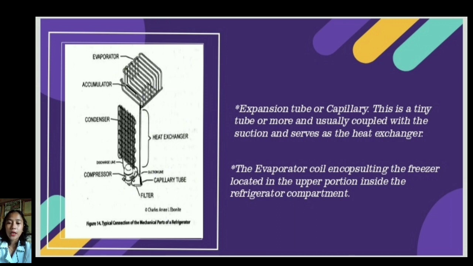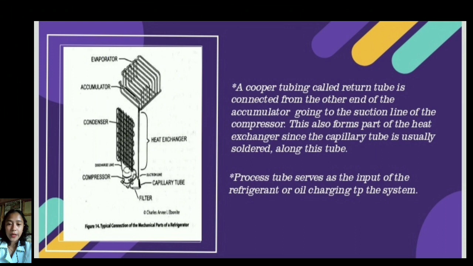Then the evaporator coil is located inside the refrigerator, and the heat from the air inside is absorbed into the refrigerant. This cools the air inside the fridge. So, the heat inside is absorbed by the evaporator and goes back to the compressor and then to the condenser coil.